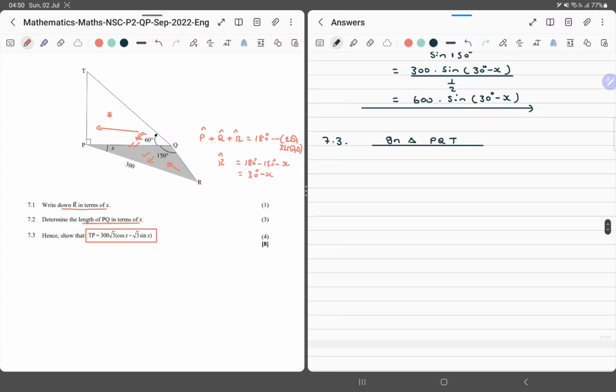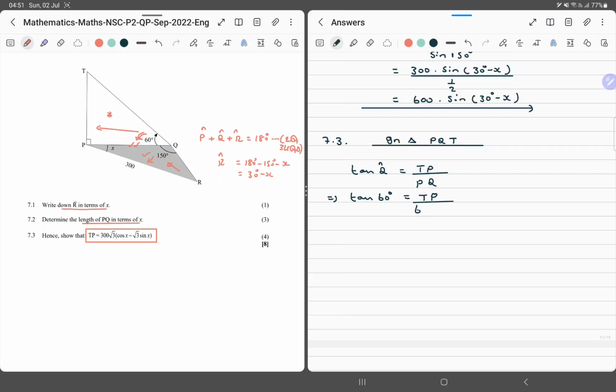what is the story there? We know that spells out tangent. Tan Q is going to be the opposite TP over PQ. Okay, that's just basic trigonometry. This implies that tan of 60 degrees is equal to TP, which is what we want, over PQ.